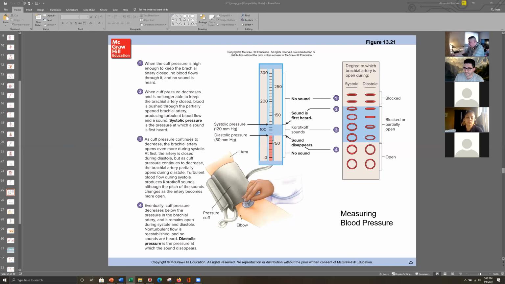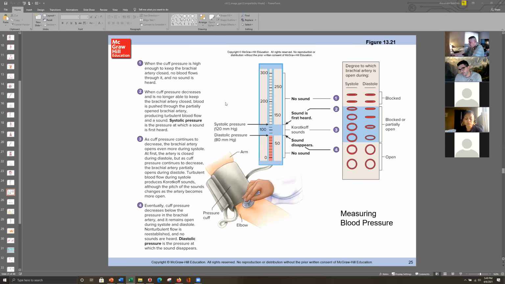And then we record that as the diastolic pressure. So that is our blood pressure. That's how we measure that. It's pretty crude and barbaric, but it works, right? You literally just clamp it off and then gradually let the pressure go. You just measure when you can first hear it and then when you can't hear it anymore.